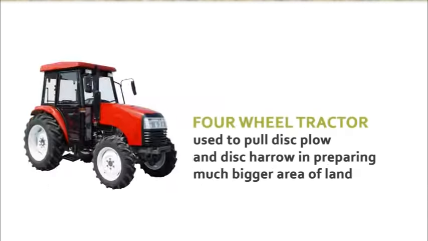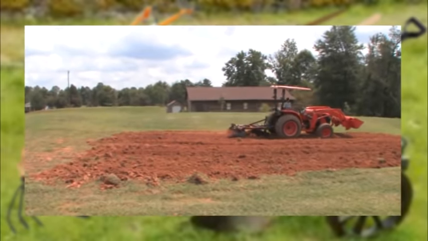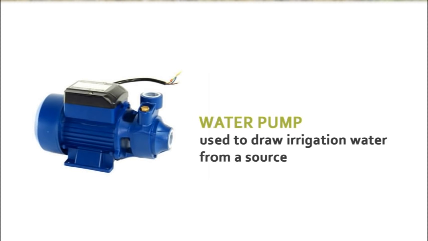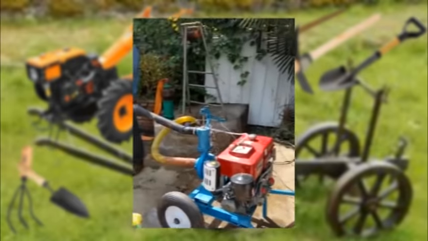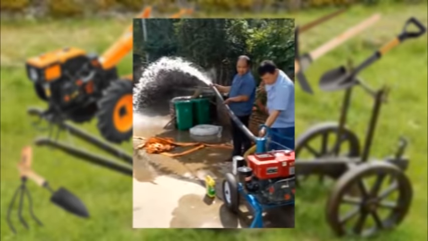Four-wheel tractor is used to pull this plow and this harrow in preparing much bigger area of land. And also, water pumps are used to draw irrigation water from a source. These are the uses of tools and equipment in farming.